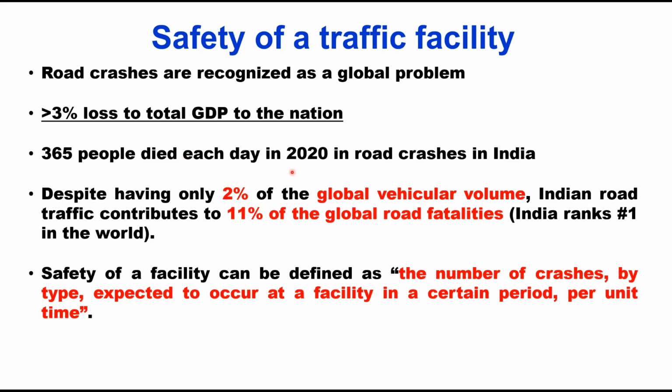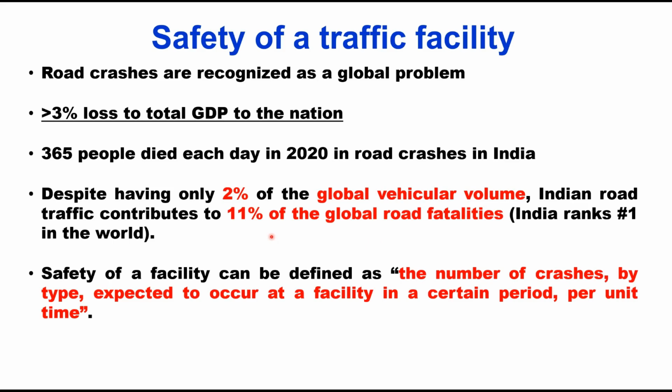That means by the time you complete this video, 5 people will lose their life somewhere on roads in India. India has 2% of global vehicular volume, but it contributes almost 11% of global road fatalities. India ranks number 1 in the world in terms of fatalities on roads.